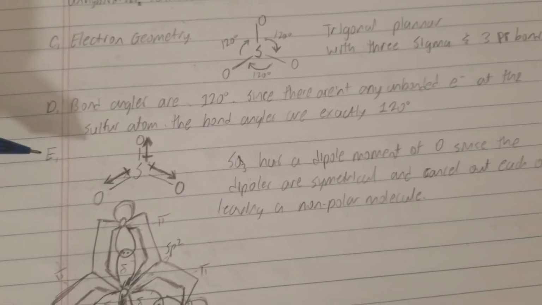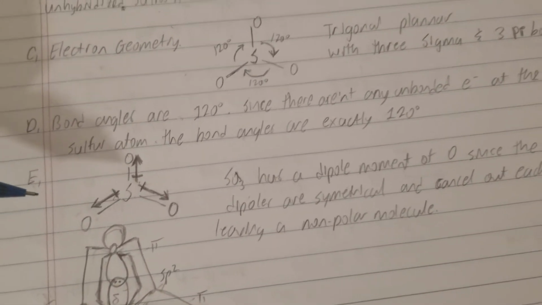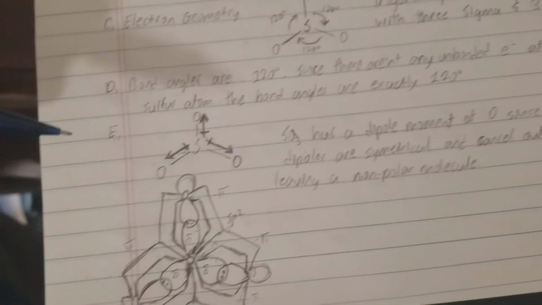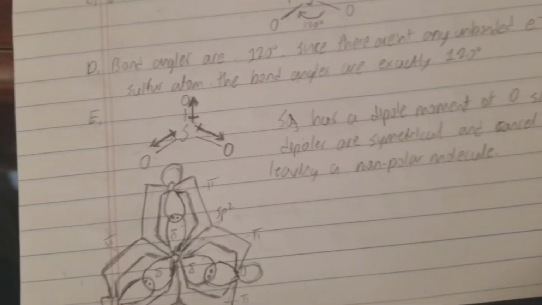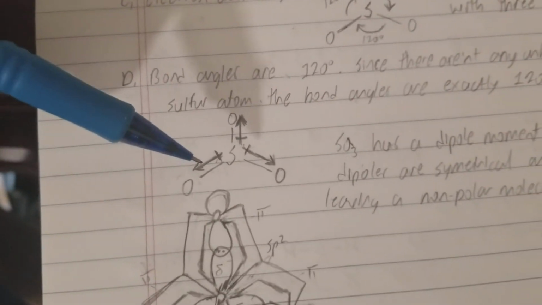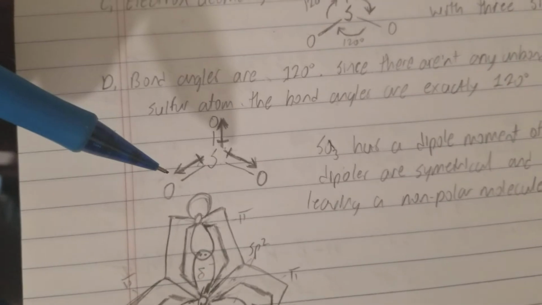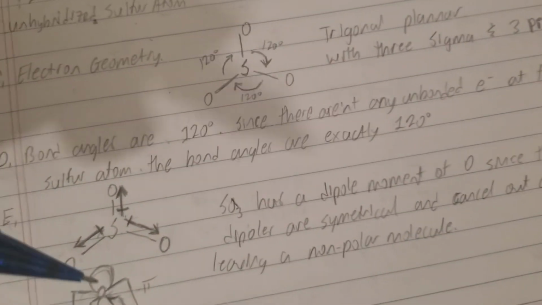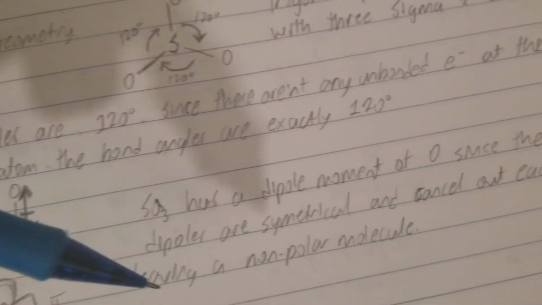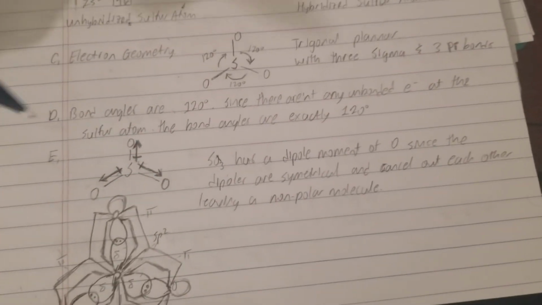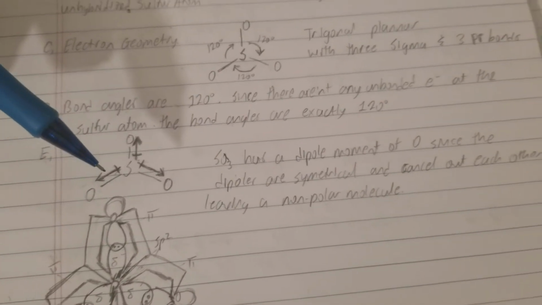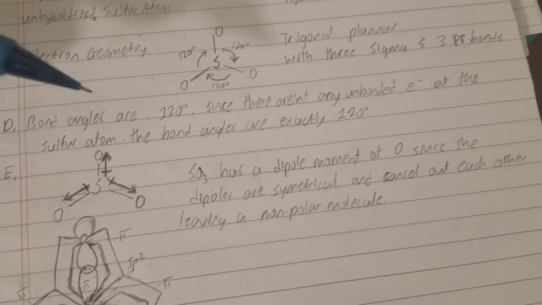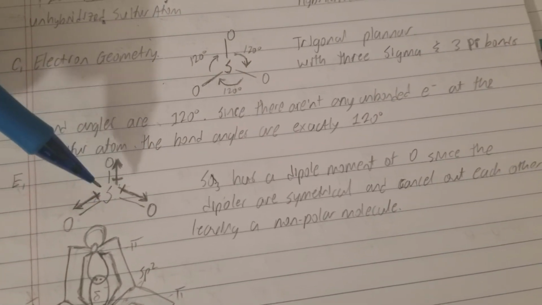Question 5 asks us whether SO3 is a polar, nonpolar, or ionic compound or molecule. The polar diagram, or the Lewis structure, reveals that SO3 is a nonpolar molecule because it has a dipole moment of 0, and that is because oxygen is more electronegative than sulfur.